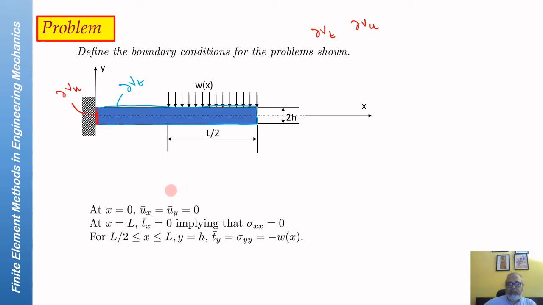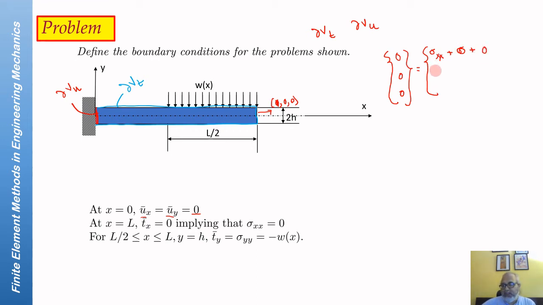Now at x equal to 0, everywhere, ux bar and uy bar are specified as 0. At x equal to L, the outward normal is (1, 0, 0), and the tractions are 0. So the traction vector is (0, 0, 0), and you have sigma xx nx, which is 1, plus sigma xy ny, which is 0, plus sigma xz nz, which is also 0.